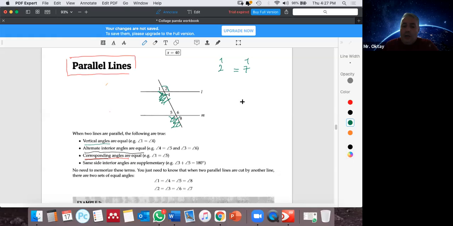Or let me draw here, maybe better. For example, this one is 2. So corresponding angles, this is 2. Vertical angles, this is 2. Yes, that's correct. Or even you can say this is 2, vertical angles, and alternate interior angles, this is also 2.